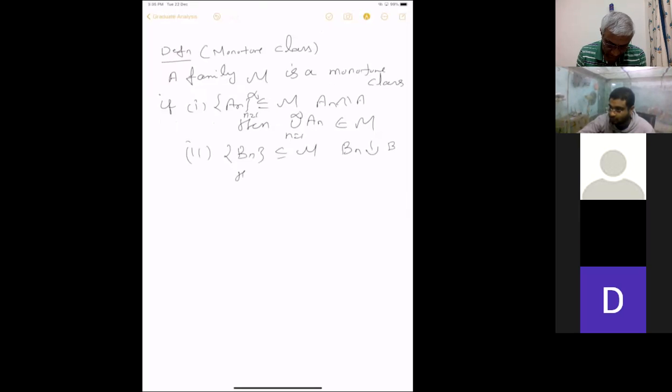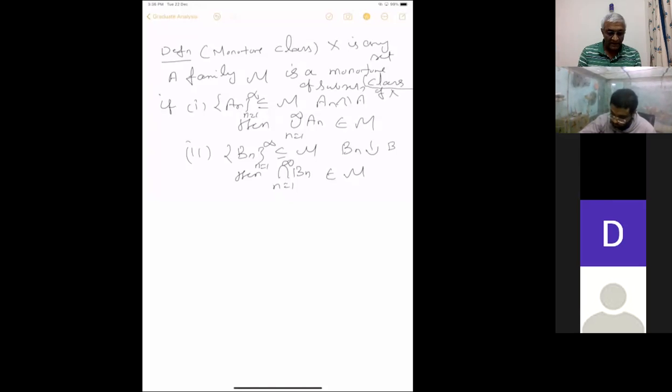Then the intersection of B_n is also in M. So a collection of subsets of some X, where X is any set, is called a monotone class if it is closed under increasing union and decreasing intersection. That's what we call a monotone class.